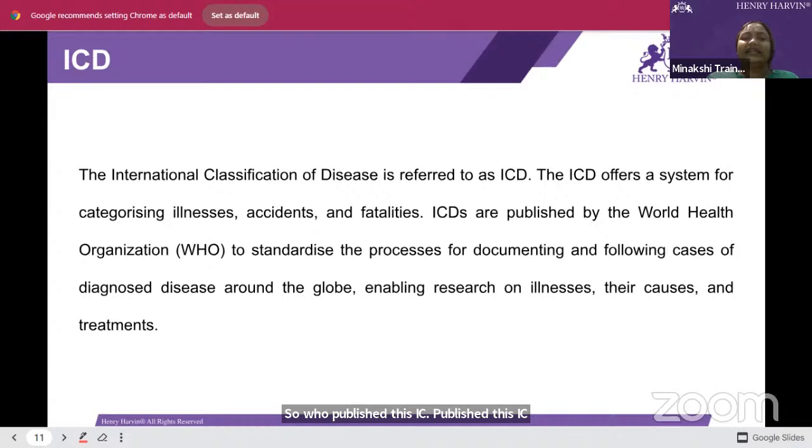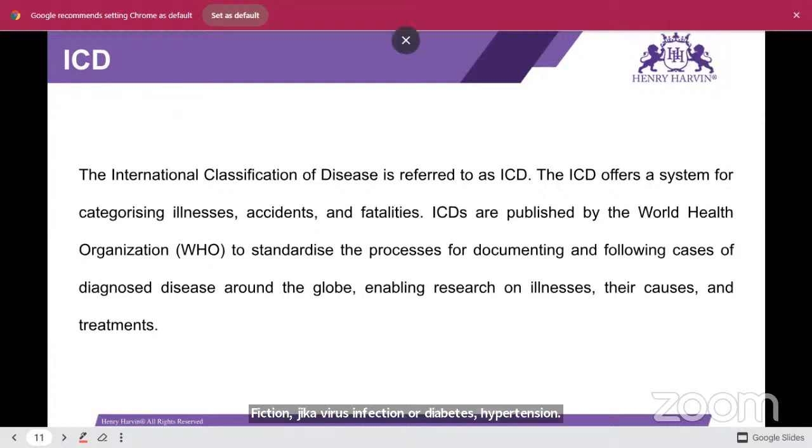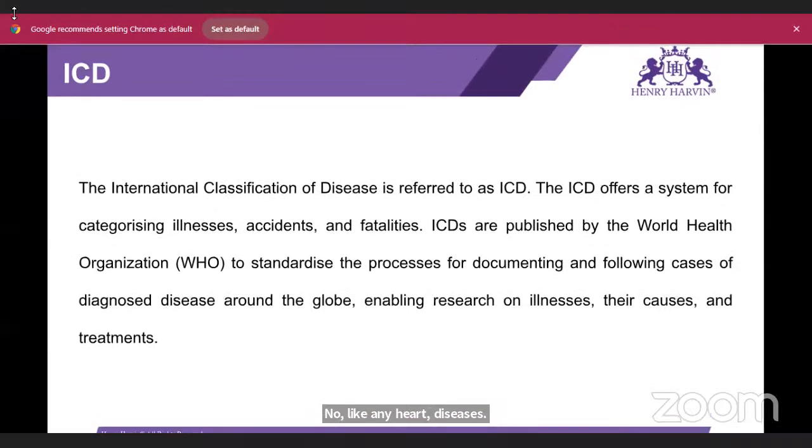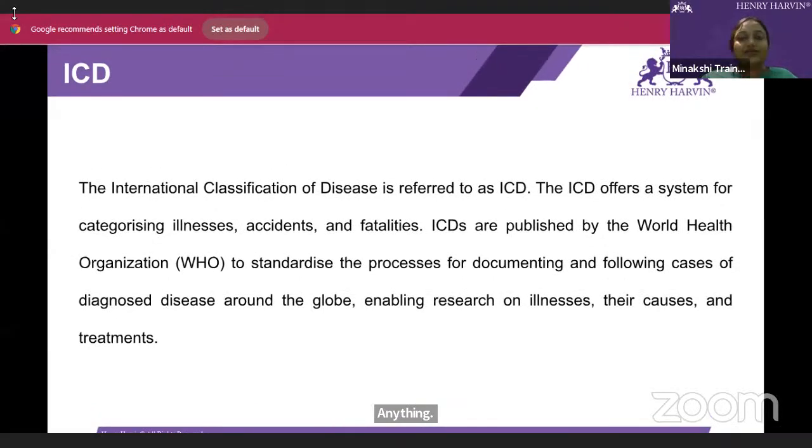Suppose you are searching for a code of HIV infection, COVID-19 infection, Zika virus infection, or diabetes, hypertension, or any heart disease, anything. Any disease and diagnosis code you are searching, where do you have to come? You have to come to the ICD book. There you will get all the codes.